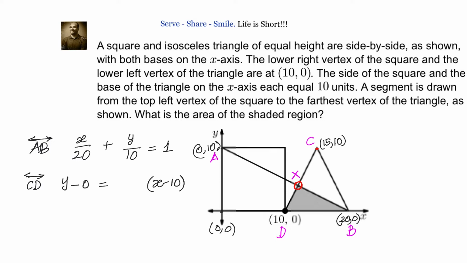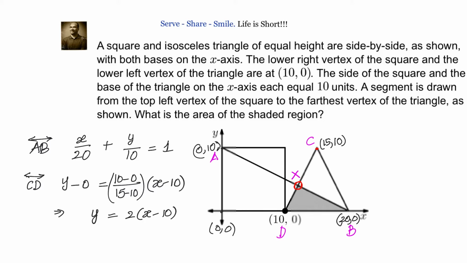What is our slope? Slope is (y2 minus y1) divided by (x2 minus x1), that is (10 minus 0) divided by (15 minus 10). Can we simplify that? It will be y = 2(x minus 10).